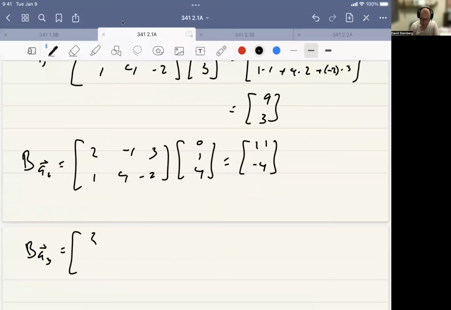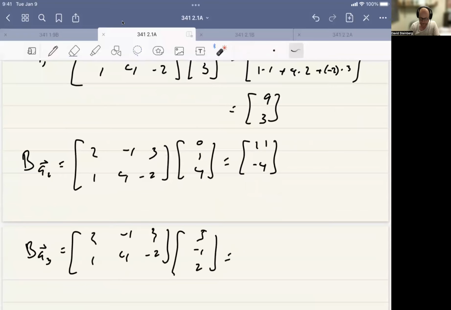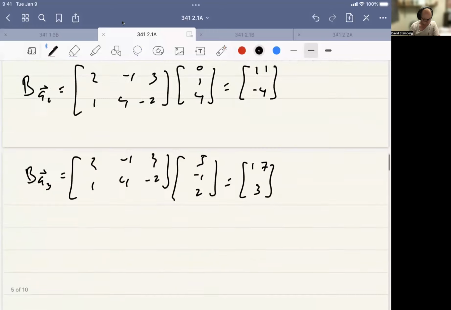BA3: the column is 5, -1, 2. So again, we're picking up 2 times 5 minus 1 times -1 plus 2 times 2. It's going to give us 17, 3.